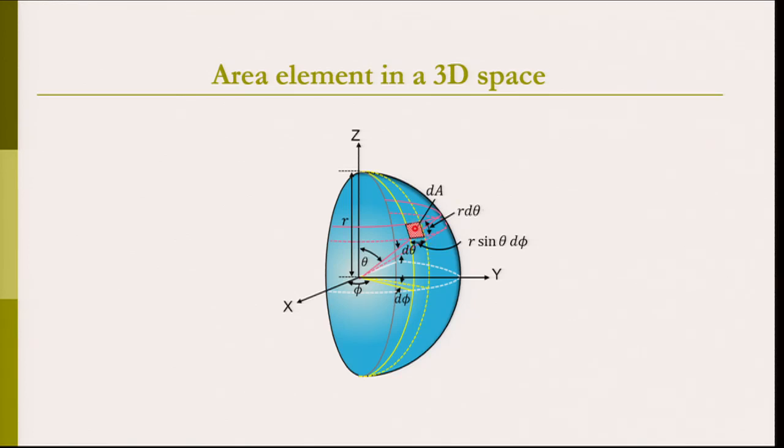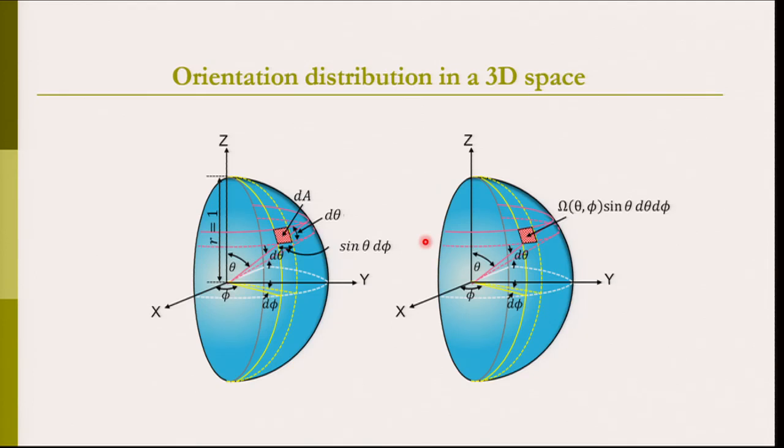Why are we interested in this particular region? Because if the radius is unity, then this element dA has the area sin theta d theta d phi.